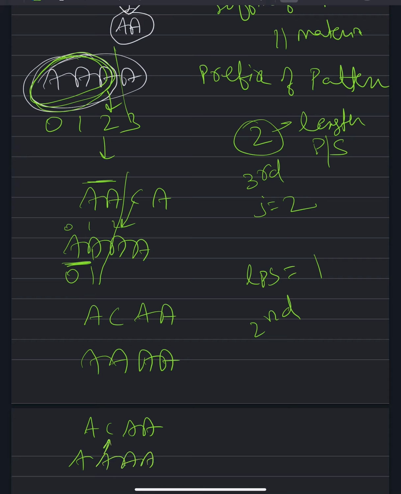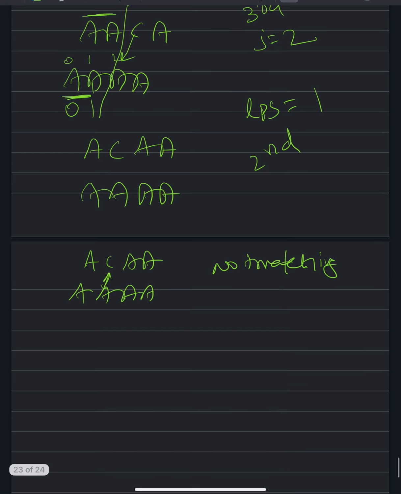We will check the second element, not matching again. So now it will go ahead to the right side. Hence it will become CAAA and the pattern is AAA.